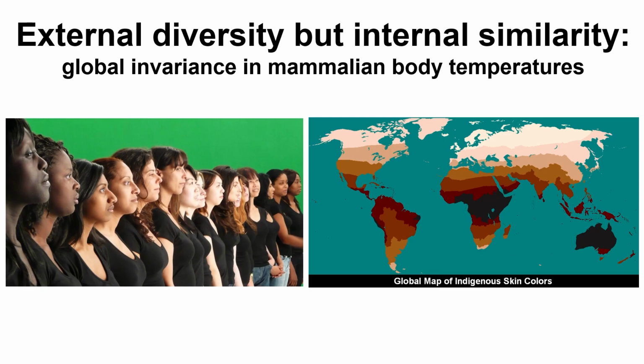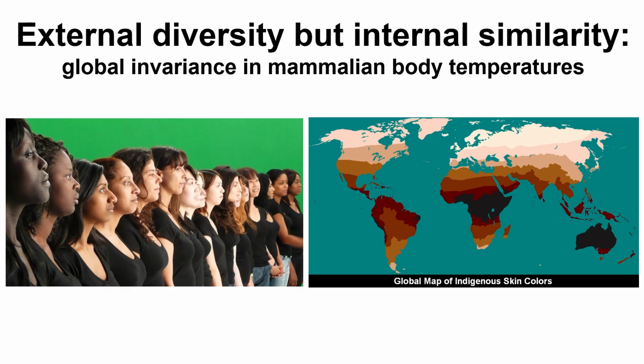We can also flip the whole question and think about the many cases where populations and species are very variable in their external morphology. This species sitting here in front of me is a good example. I see a lot of diversity in skin colors, maybe not the entire diversity of the globe, but a fair amount. And we know that a large part of this variation is explained by latitude, with generally darker skins in humans near the equator.